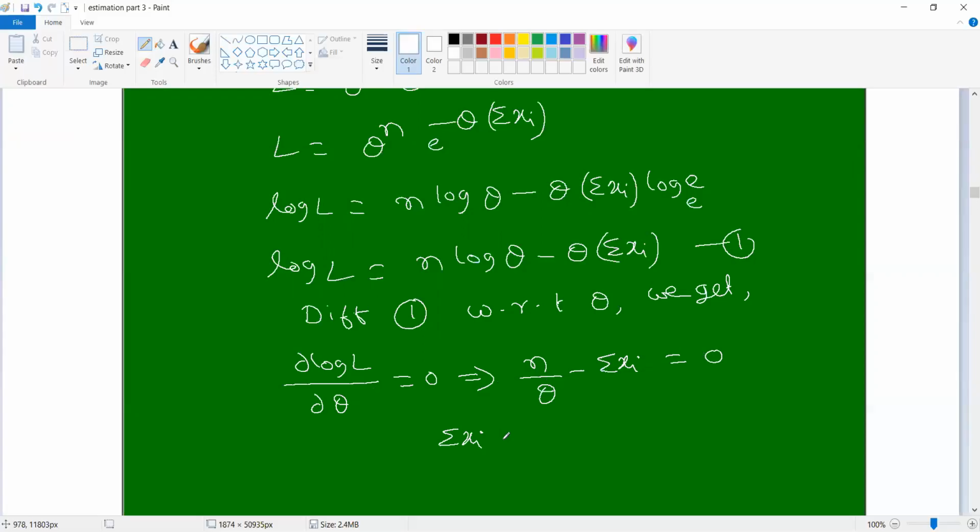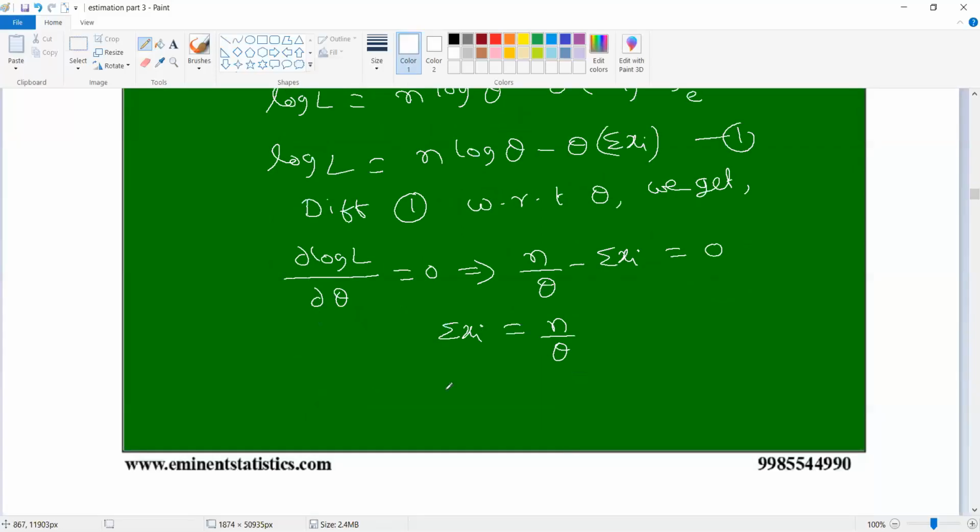Summation xi is equal to n by theta. So theta cap is equal to n by summation xi. This is 1 by x bar.